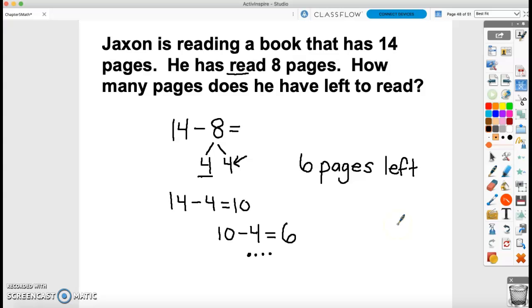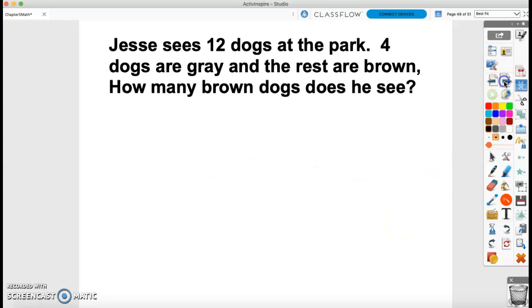All right, good job. Let's do the next one. Let's see what it says. It says, Jesse sees 12 dogs at the park. 4 dogs are gray and the rest are brown. How many brown dogs does he see? So let's see. He sees 12 dogs at the park. That's the only amount that he can see. He's not going to see any more.